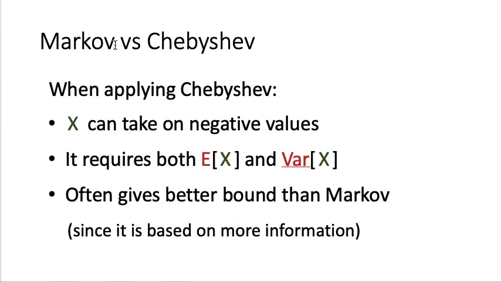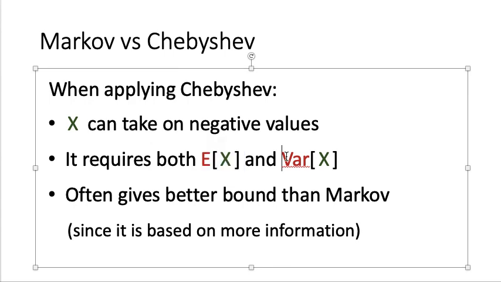So we have talked about Markov inequality and also Chebyshev's inequality. When we apply Chebyshev's inequality, a good thing is X can take on negative values, so there's no restriction about whether X has to be non-negative. But when we apply this one, it needs both the value of E[X] and the variance of X ready.